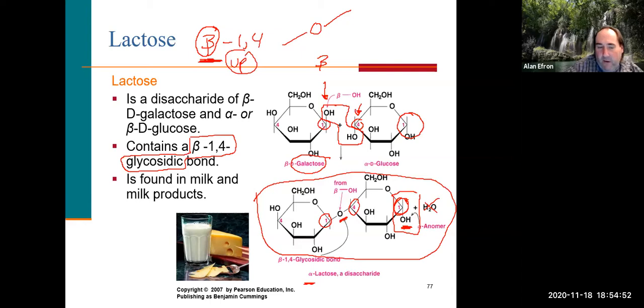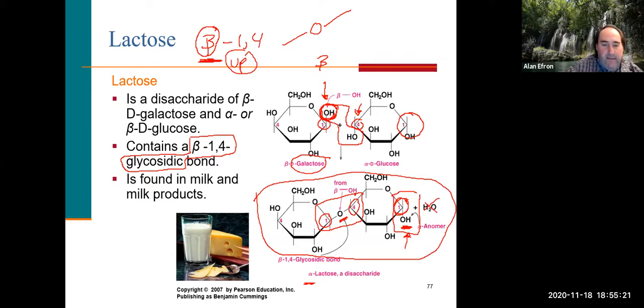This beta 1,4 is referring to the actual bond between the two, and that's what that beta refers to. And that's because it comes from the beta OH group off of here when it comes together. Then once it actually comes together in this big box that I just did here, the entire lactose molecule could also be identified as alpha or beta, and that's based on this last guy over here. Does that make sense? Yeah.